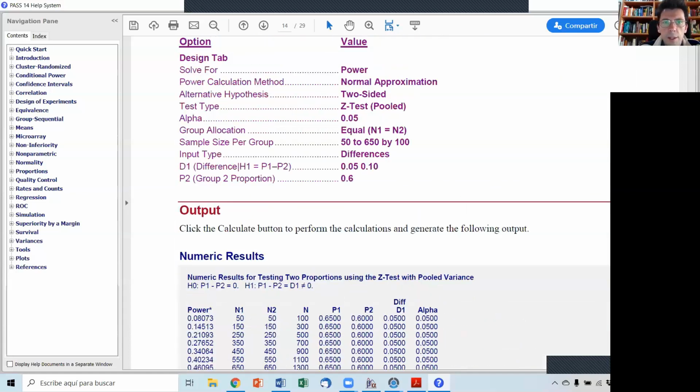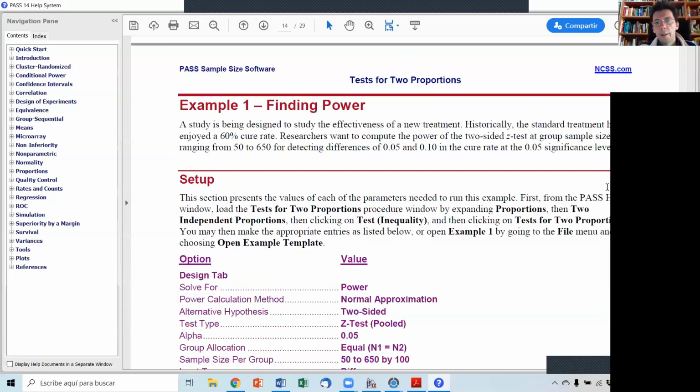So for instance, here, example 1. A study is being designed to study the effectiveness of a new treatment. The standard treatment has enjoyed a 60% cure rate, and they want to compute whatever.